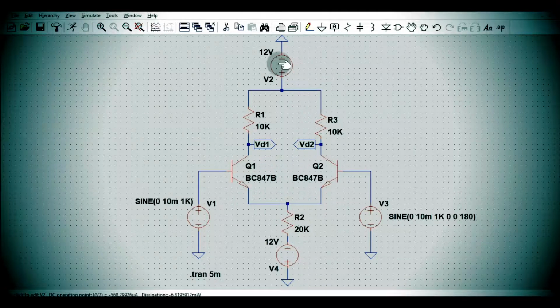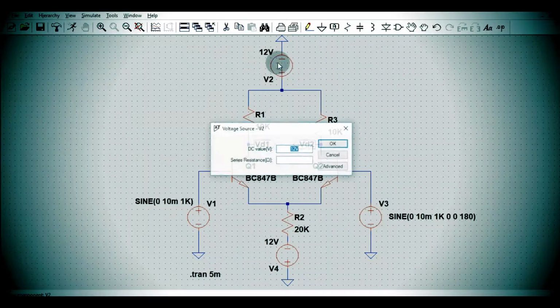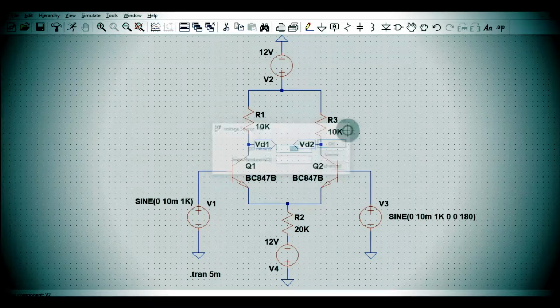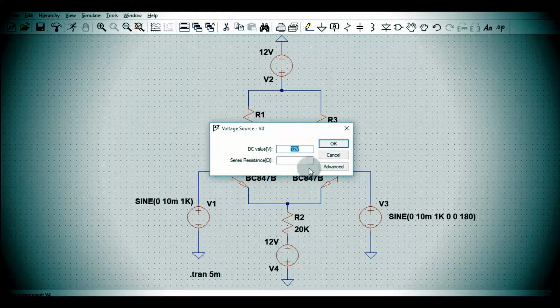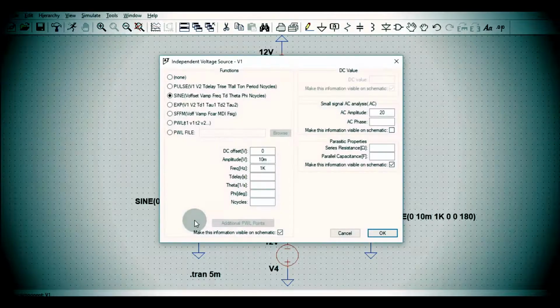If you want to look at the parameters, V2 is a simple DC of 12 volt. V4 is a simple DC of 12 volt. V1 is a sinusoidal signal with an amplitude of 10 millivolt and a frequency of 1 kilohertz.